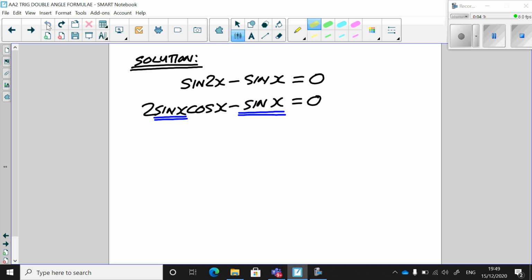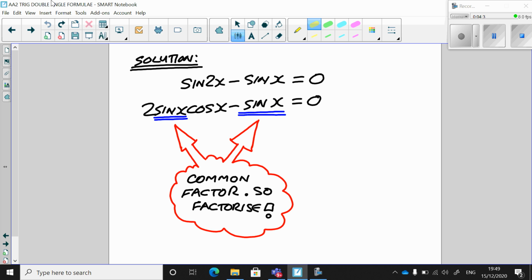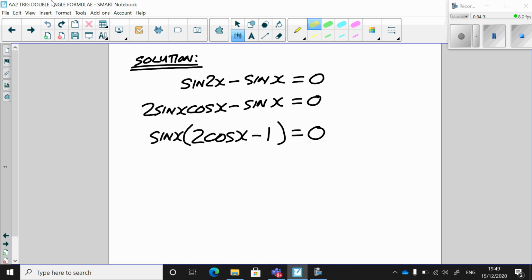So we're going to get involved in a process you know all about called factorising. We're going to factor out sine x. Now we've factorised out sine x, what are we left with? When we factorise it out, sine x comes out because it was common to both, and we get 2 cos x, so there's the 2, there's the cos x.